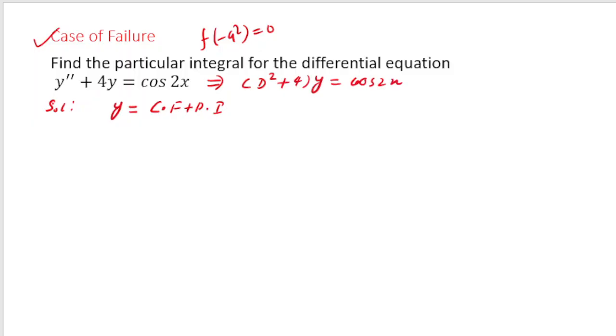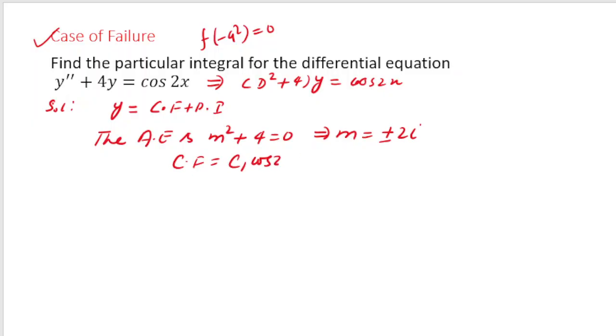What will be the CF in this case? The auxiliary equation is m square plus 4 is equal to 0, so m is equal to plus minus 2i. So the complementary function will be c1 cos 2x plus c2 sin 2x.